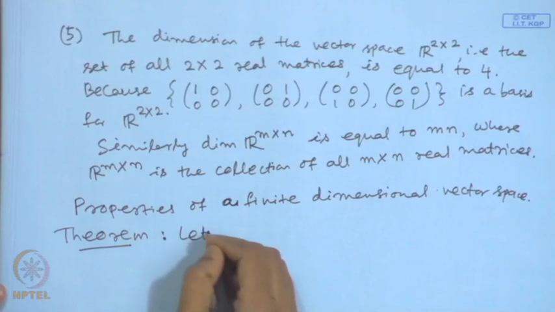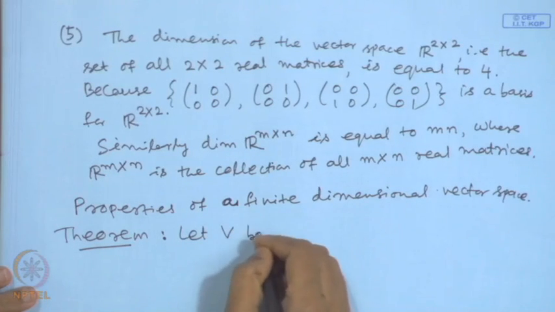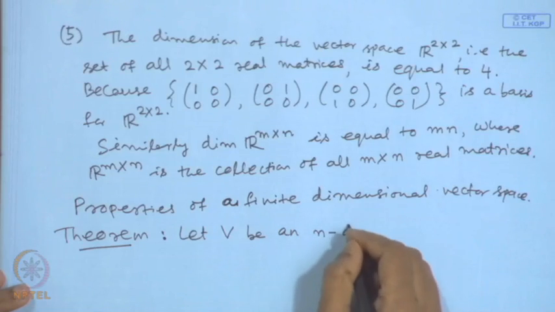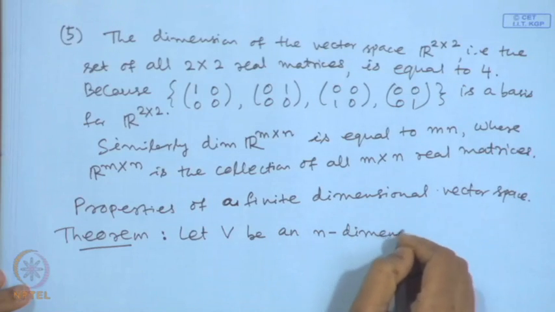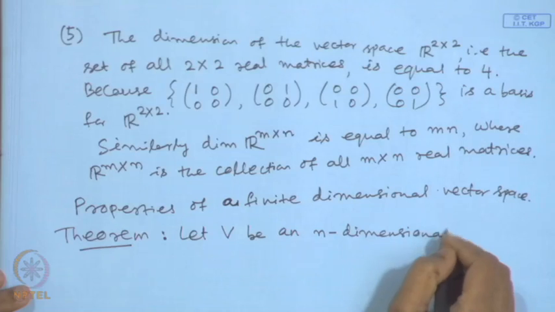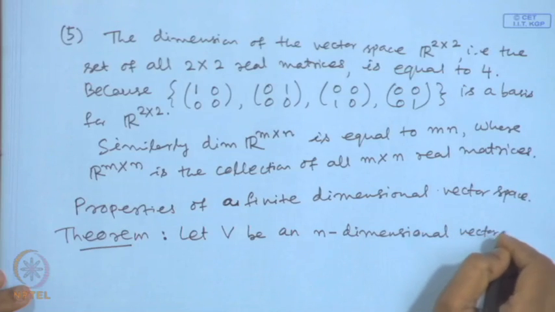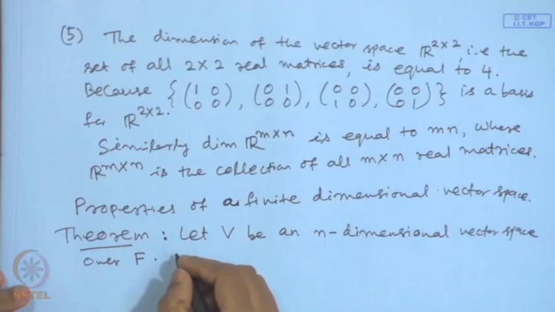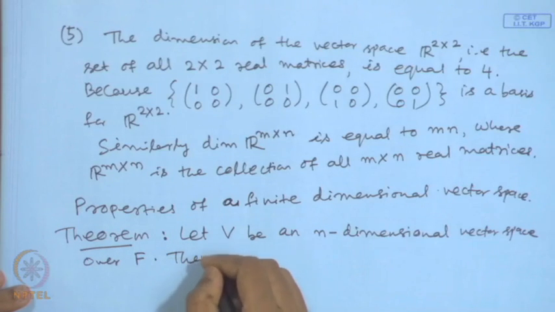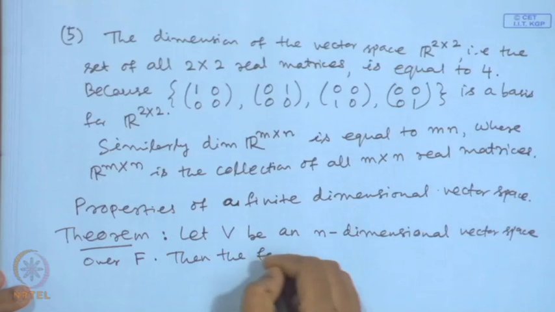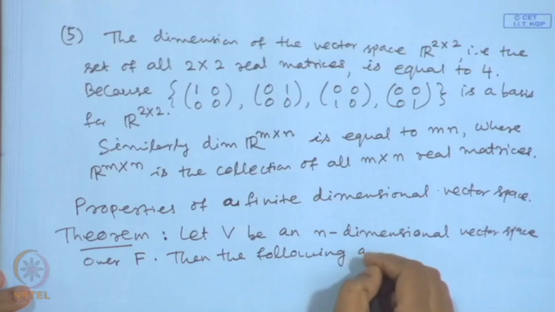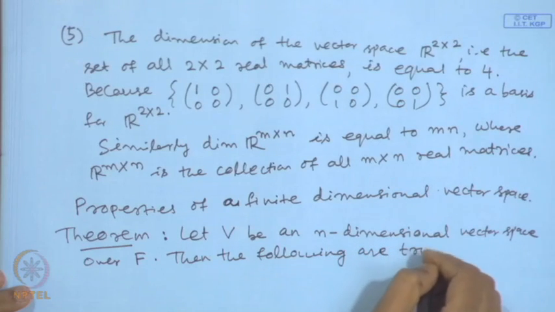Let V be an n dimensional vector space over a field F, then the following are true.